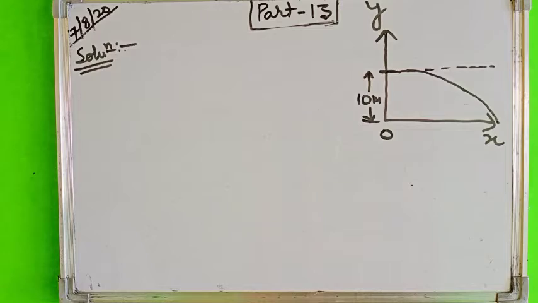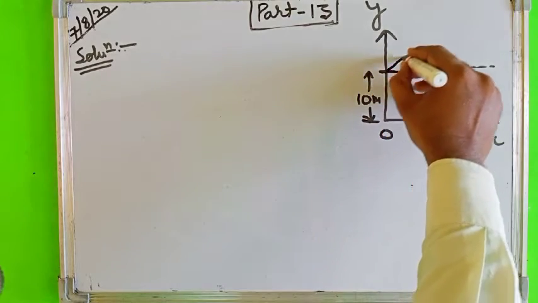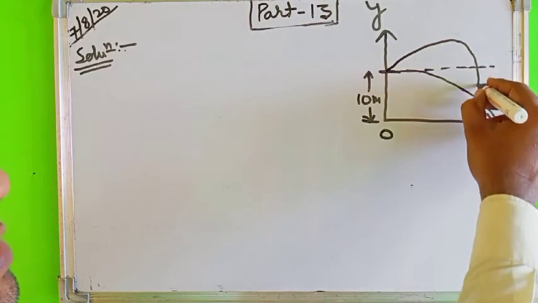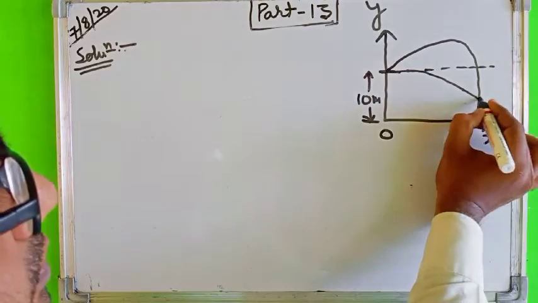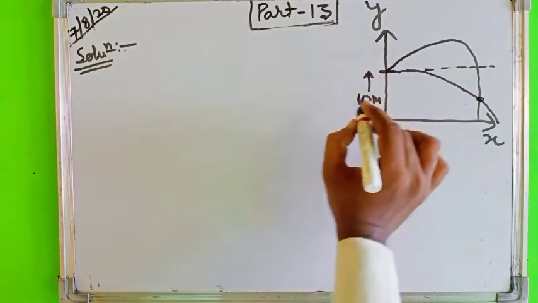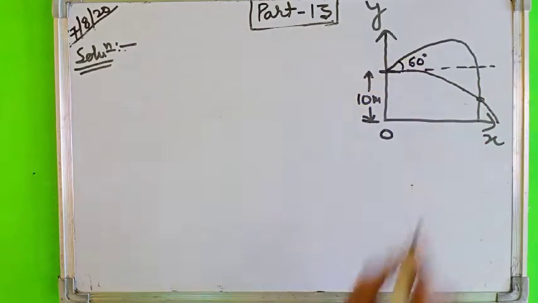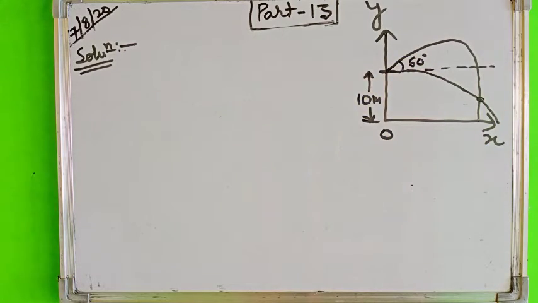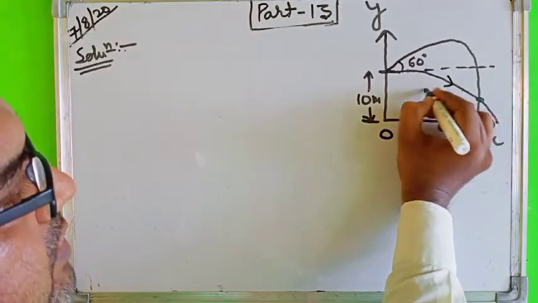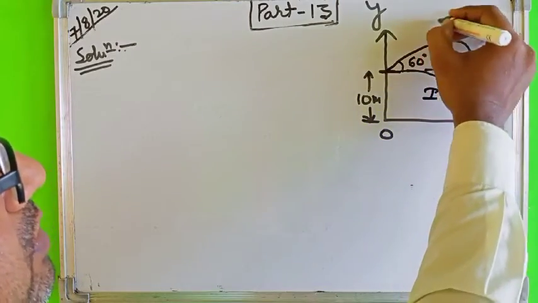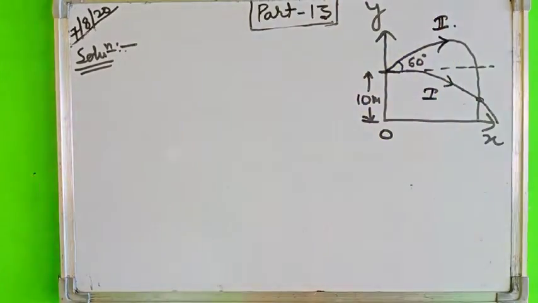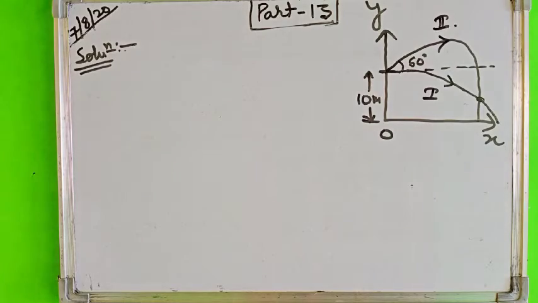The other gun is fired at an angle of 60 degree with the horizontal. This is the firing of the first gun, and this is the firing of the second gun.